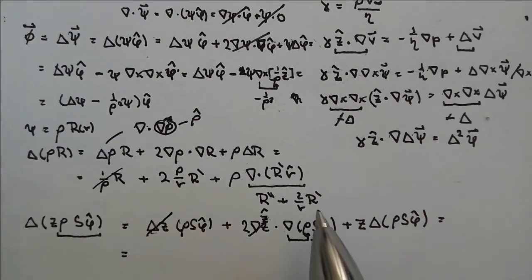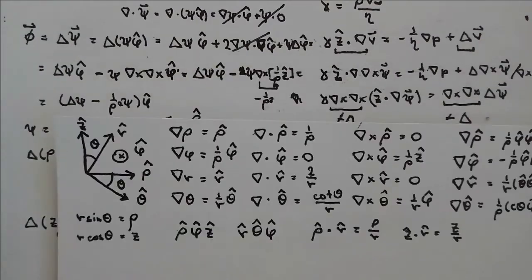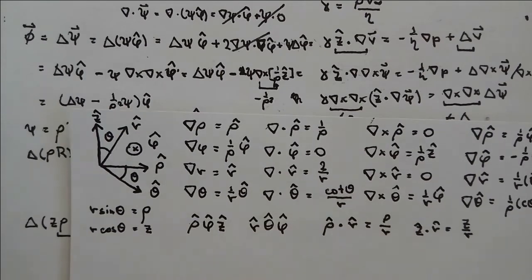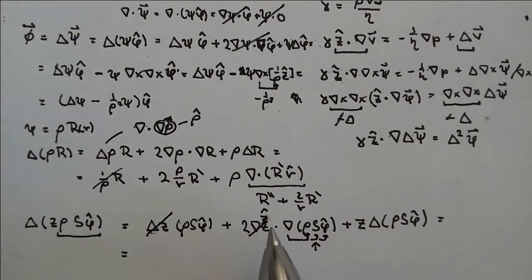s prime times r hat, and r hat dot z, we have seen it already, r hat dot z is z over r. So this whole term is 2 times z over r times s prime.